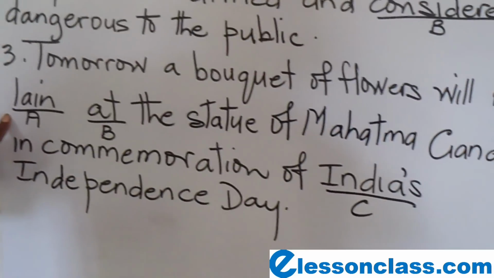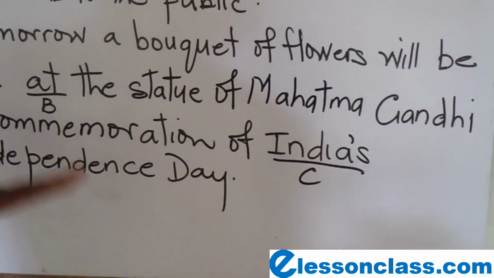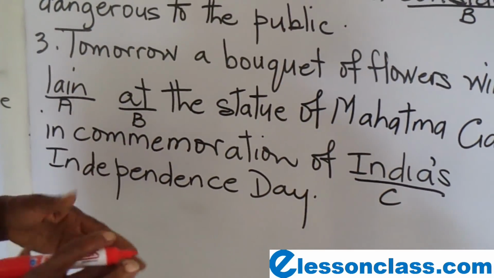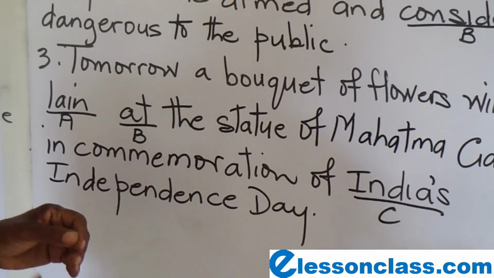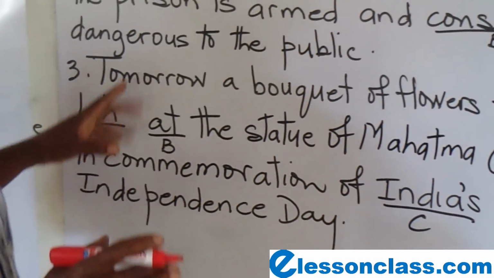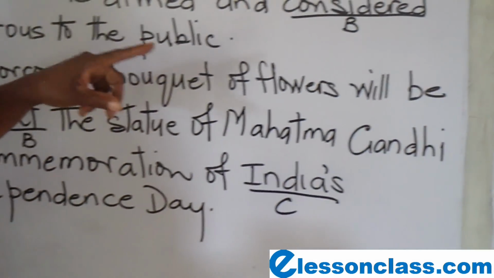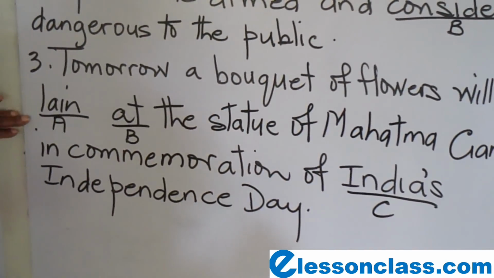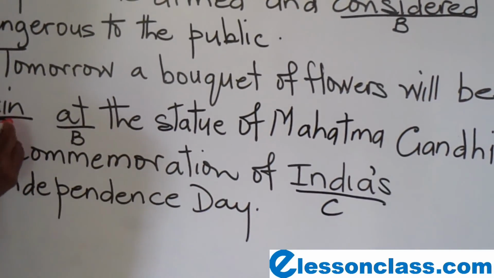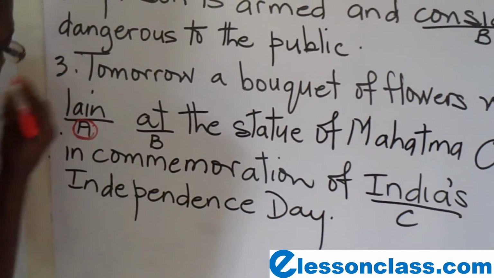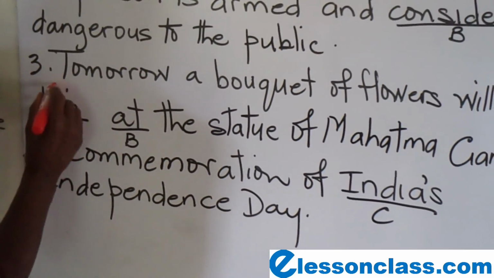Are we going to say flowers will be laid or will be laid? I think the correct thing to say is tomorrow a bouquet of flowers will be laid at the statue. So the arrow is going to be at A. Will be laid.